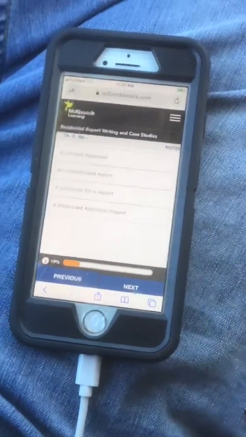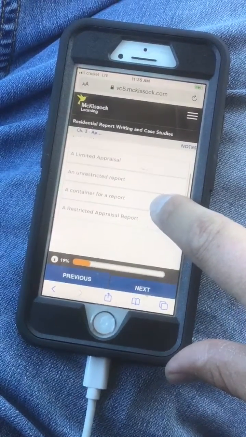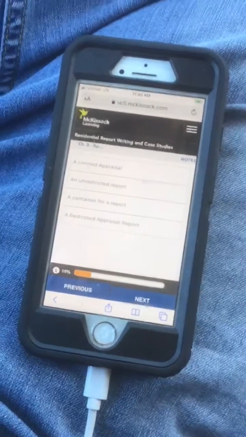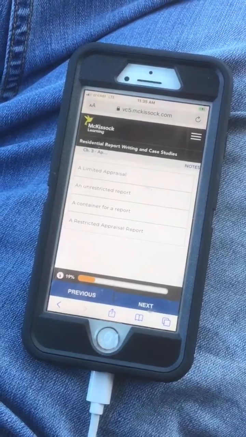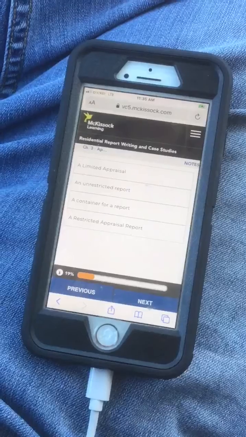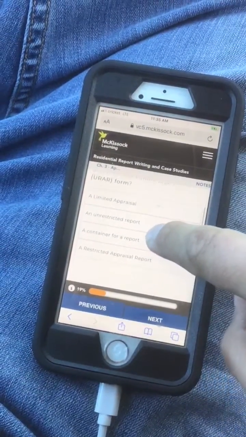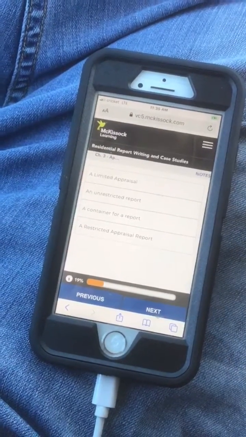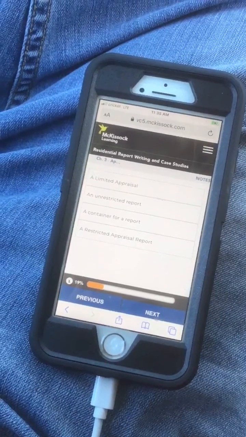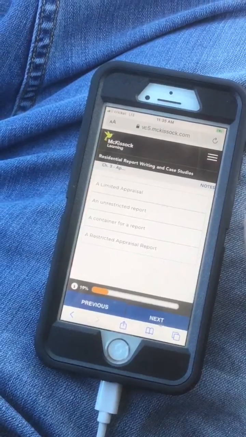Or D, a restricted appraisal report. I'm going to go A.